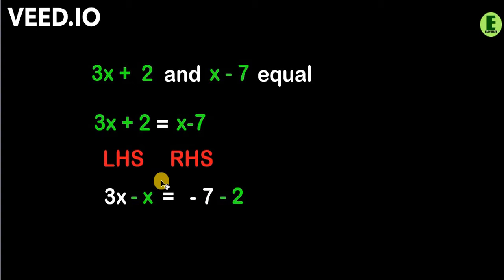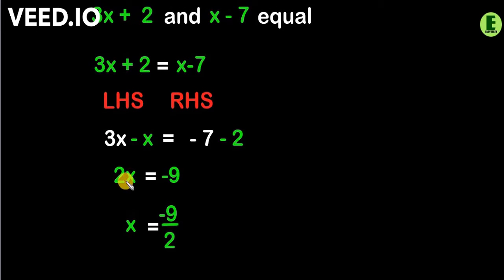On transposing, the sign of the terms changes. Now when we are transposing the x term towards the left hand side, it becomes minus x. And here we are transposing plus 2 to the right hand side, so it becomes minus 2. So we get 3x minus x is 2x and minus 7 minus 2 is minus 9. Now we have an equation, that is 2x is equal to minus 9.